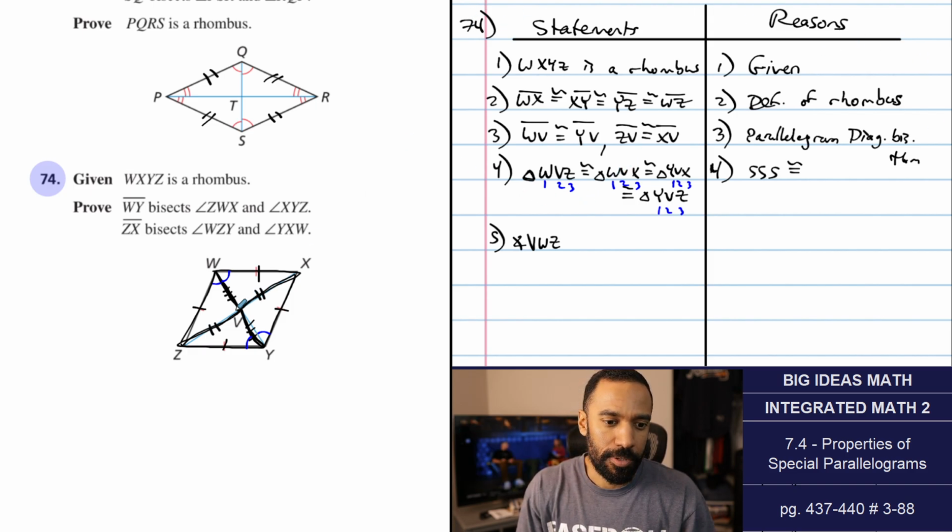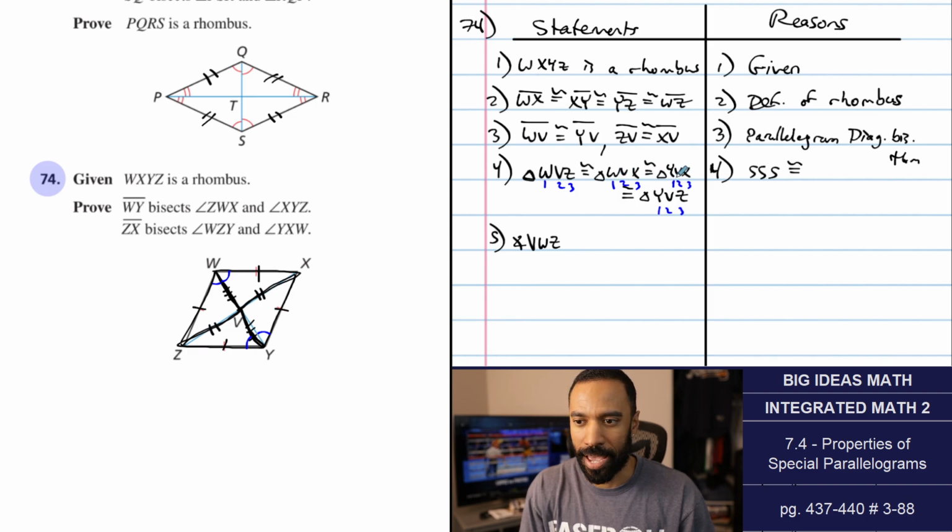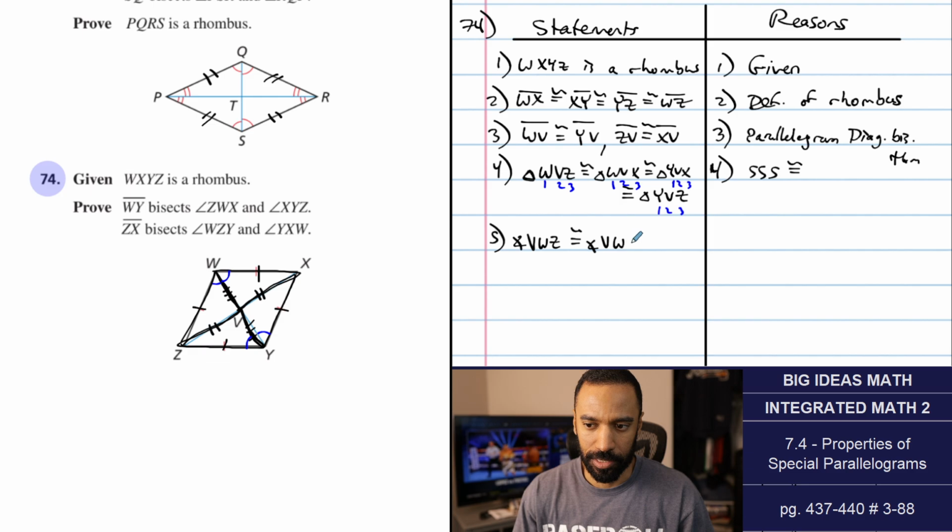But VWZ is 2, 1, 3. I'm going to say it's congruent now to 2, 1, 3, VWX, and VYX. Yes, I can do this. VWZ is congruent to VWX. I really should start from V with all these. VYX and VYZ by CPCTC.